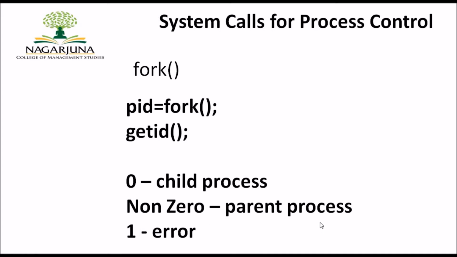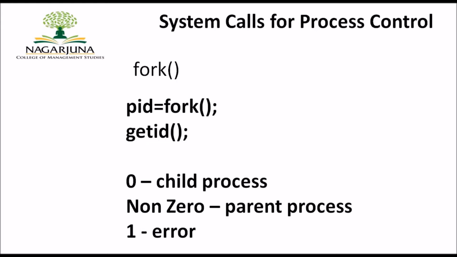In case fork fails to create a new process, it returns -1, which indicates an error, meaning fork has failed to create a new process.